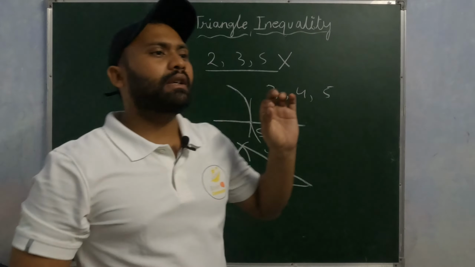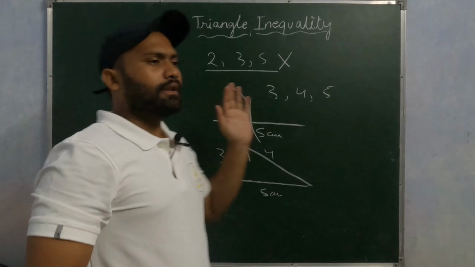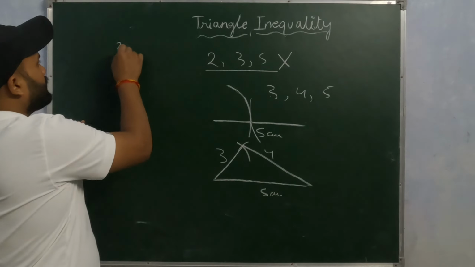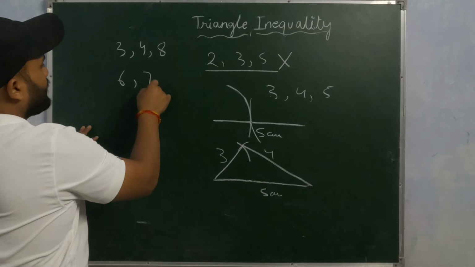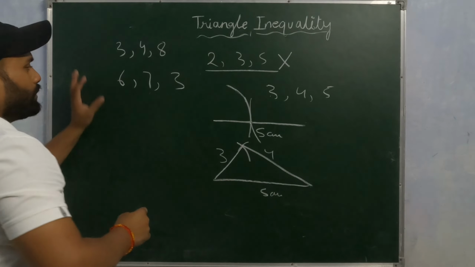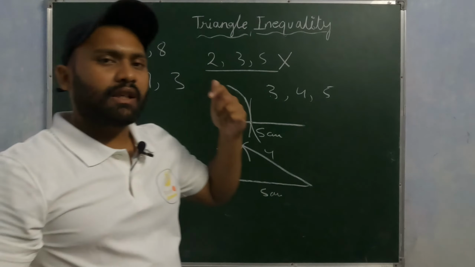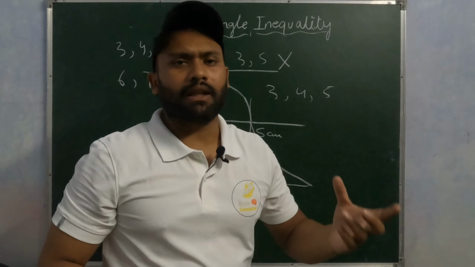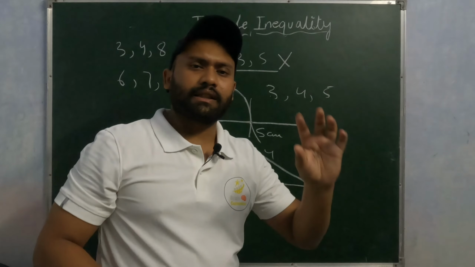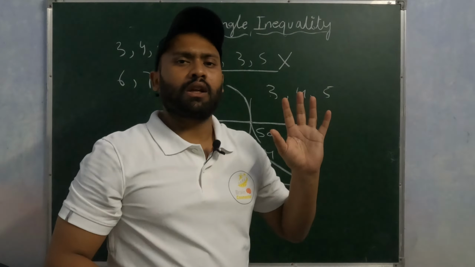So whenever you are given a question like this, whether 3, 4, 8 or 6, 7, 3 will form a triangle or not, you will just use the sum inequality rule or the difference inequality rule, and you can find whether these measurements will form a triangle or not.